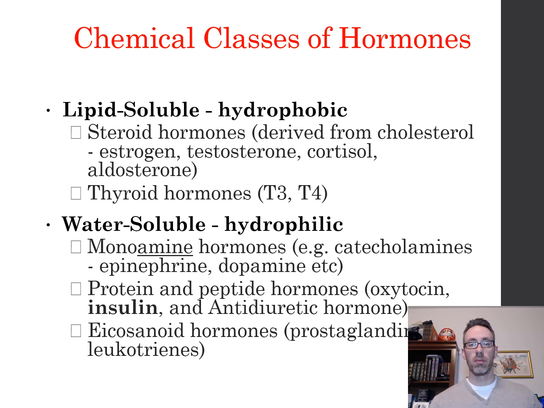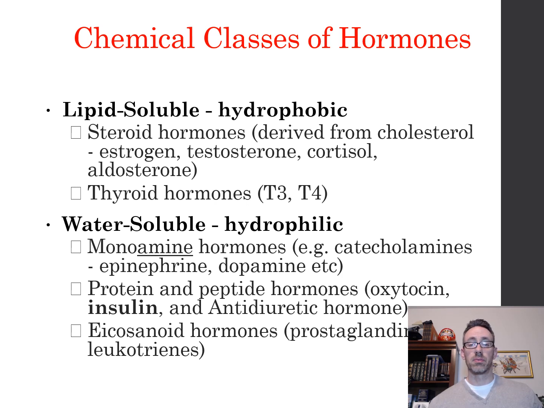Again, we'll talk more about those two in the reproductive lectures, but then there are things like cortisol and aldosterone. Thyroid hormone, interestingly enough, is also hydrophobic, so T3 and T4. These are two tyrosines that are essentially linked together and connected to iodines, and we'll talk about that later.